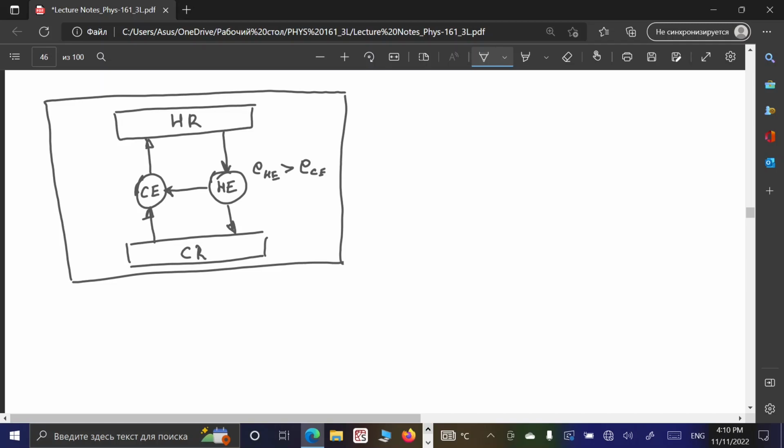Means that they have the same hot and cold reservoirs, the same temperatures, everything the same. Means that this system, being isolated from the external environment, will continue working.